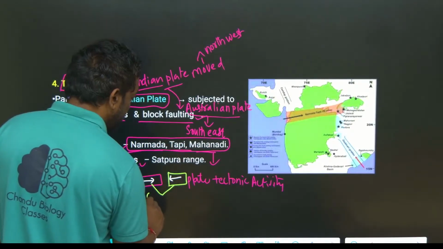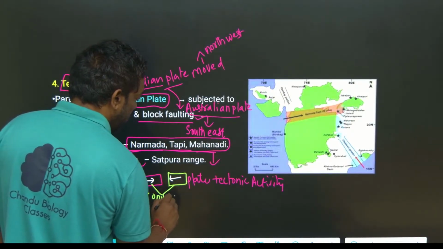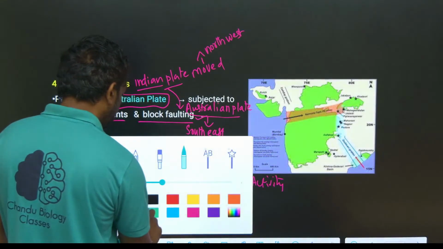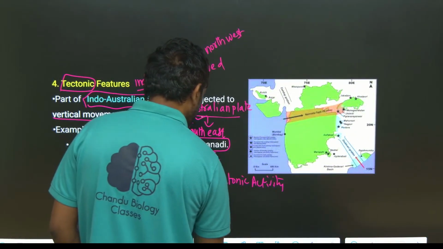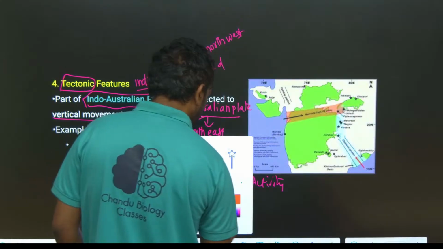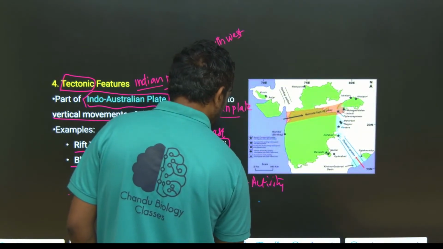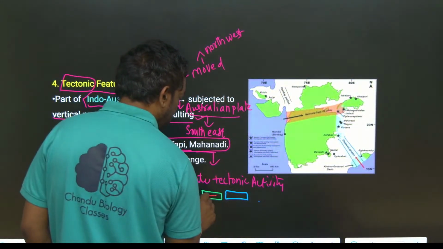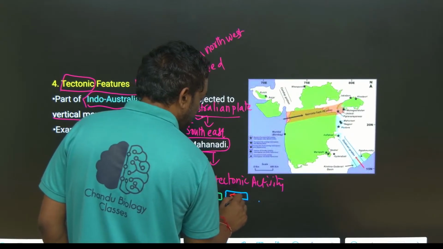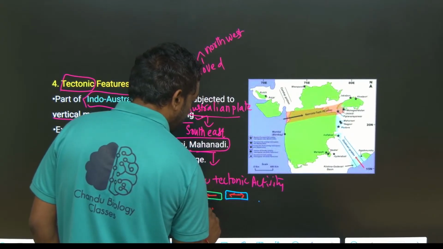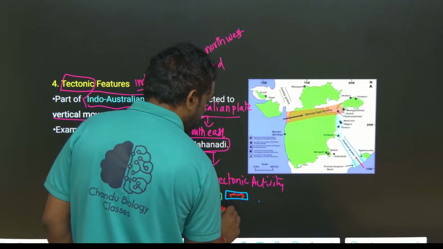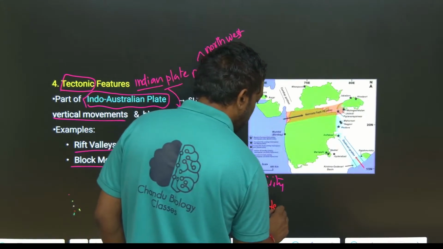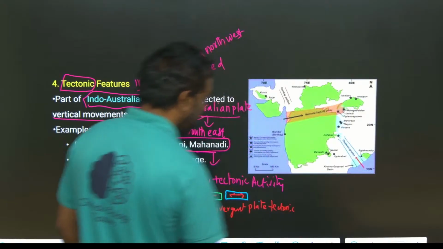If this is one plate and this is another plate, and they move away from each other, this is divergent plate tectonic activity.